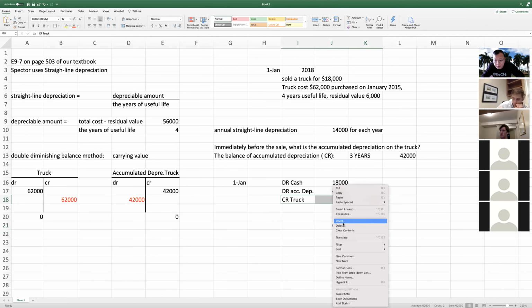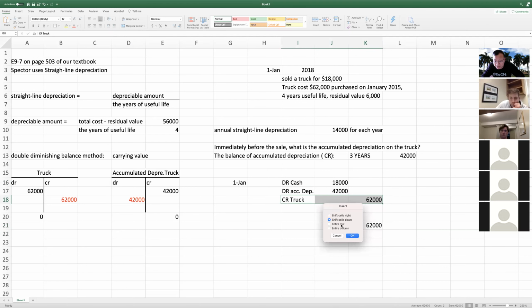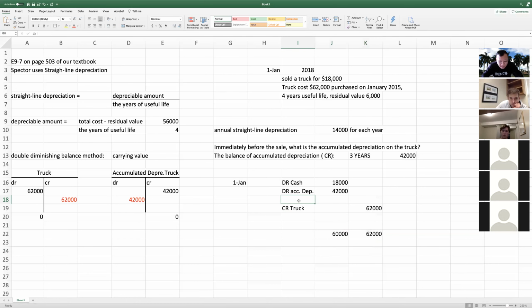Additional debit. How much do I need to debit? 2,000. So now this all adds up to 62,000, so the total debit equals total credit, right?